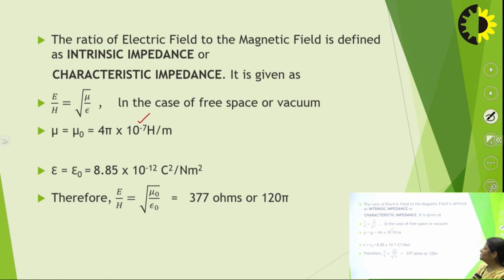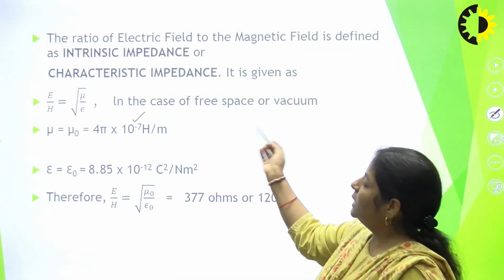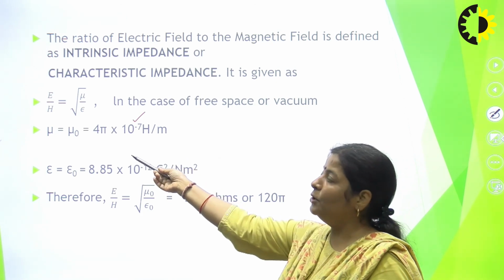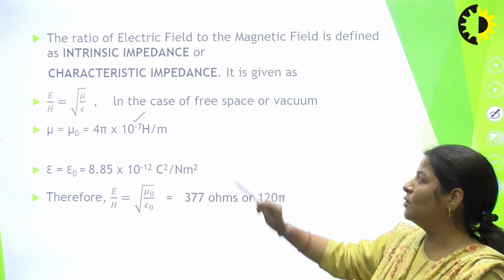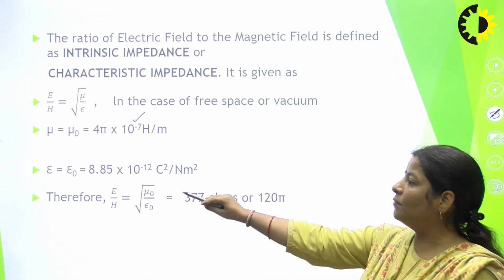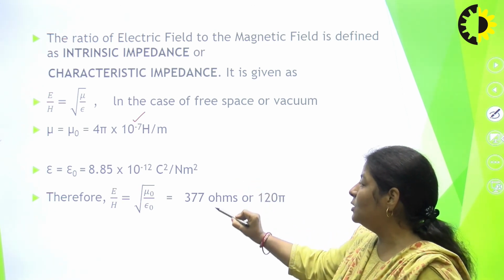So E by H is equal to the square root of mu by epsilon. In the case of free space, we have mu equal to mu naught and epsilon equal to epsilon naught, and we will have these values.